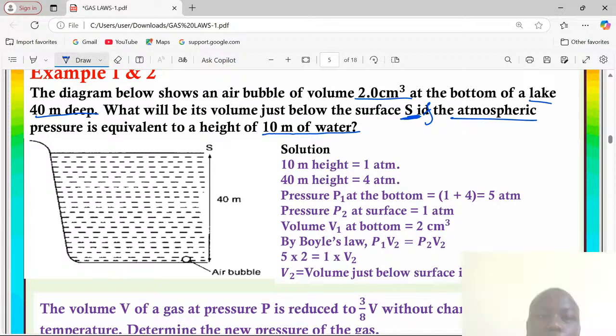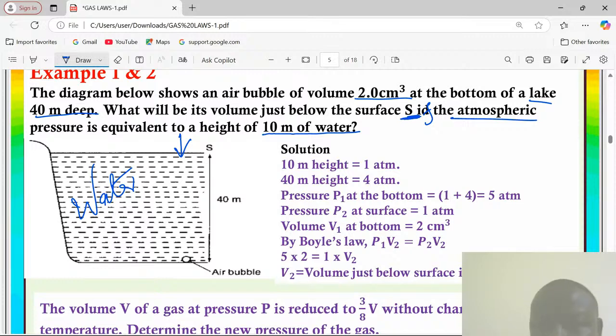the lake is open. Therefore, apart from water pressure acting on the air bubble, there is also pressure due to the atmosphere. So the total pressure working on the bubble while at the bottom is pressure due to the water column plus the atmospheric pressure.